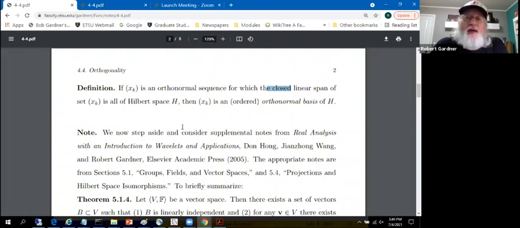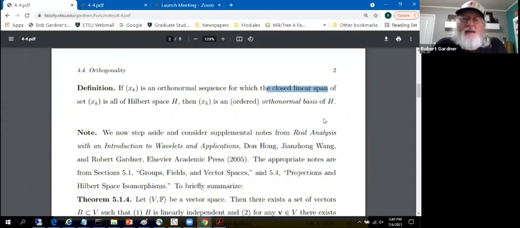So take the closure of that. Then X sub k is an ordered orthonormal basis of H. So here's what we mean by orthonormal basis of H. This closure thing is going to play a certain role. We're still talking about taking finite linear combinations here.